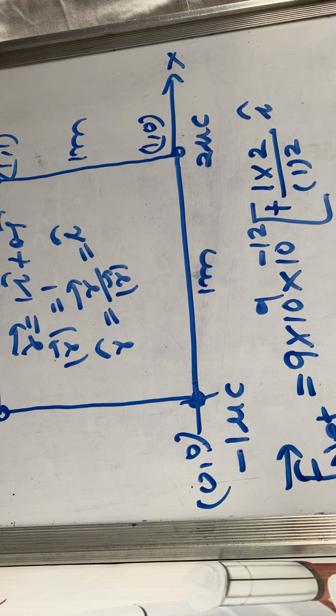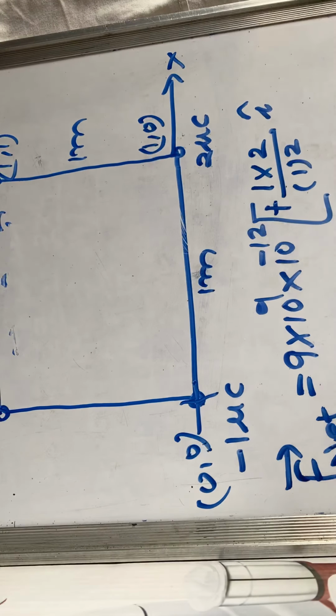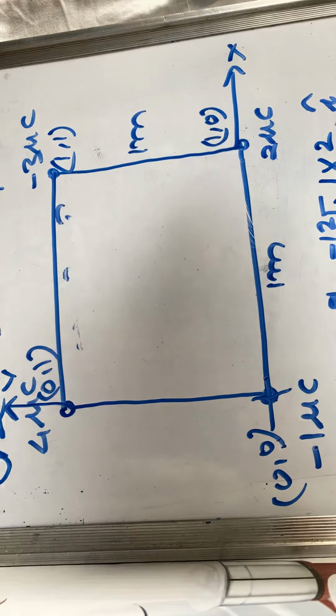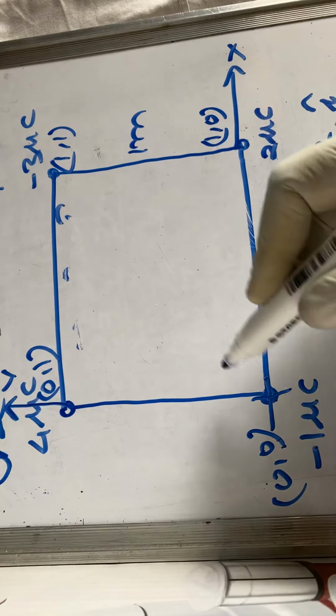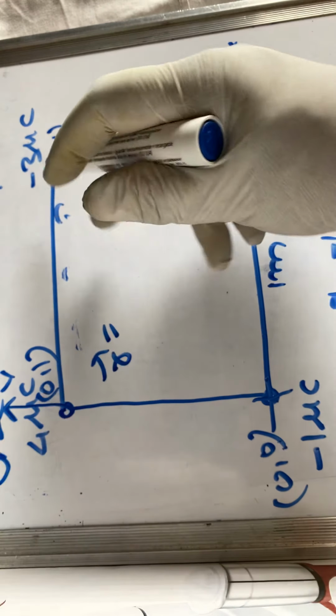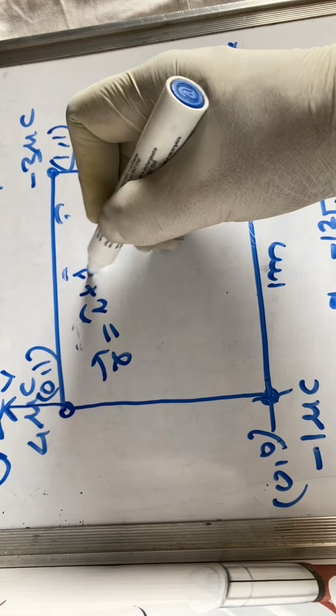The same way, we can also write the force between -1 and -3 microcoulomb charge. See, its coordinate is 1, 1. So a vector joining from the origin to the point 1, 1 would be 1 i cap plus 1 j cap.